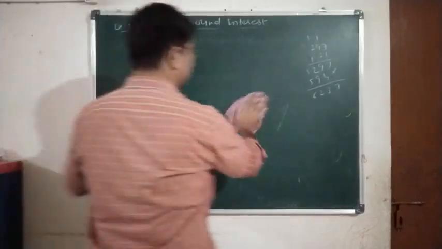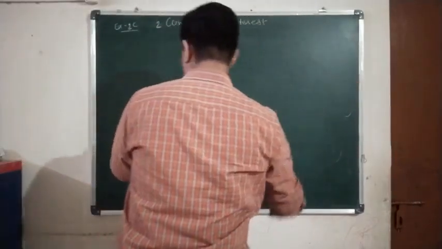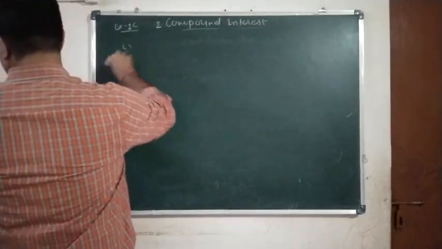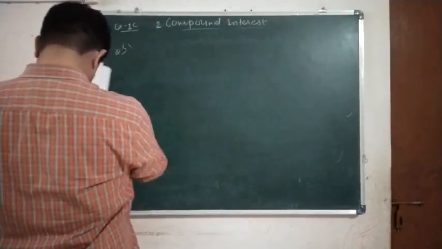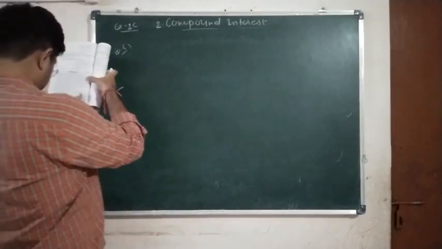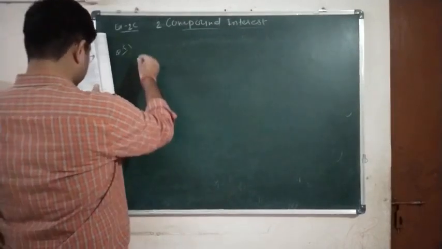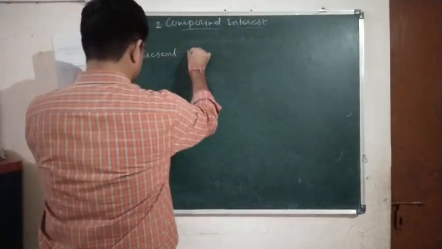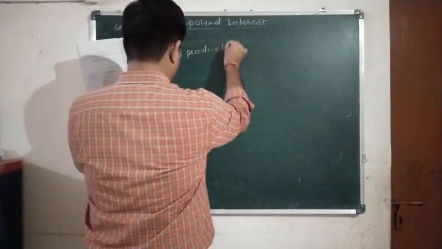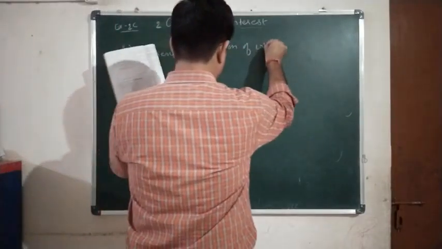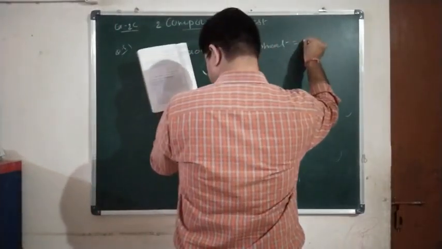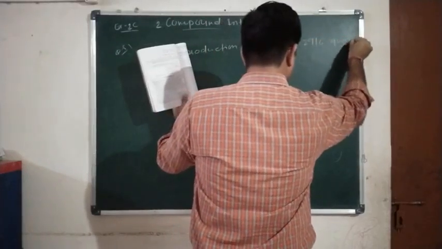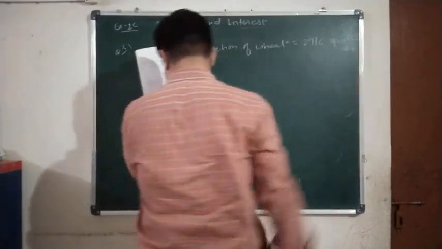Okay, now let us solve the next question. Question number 5. Present production of wheat is 2916 quintals.